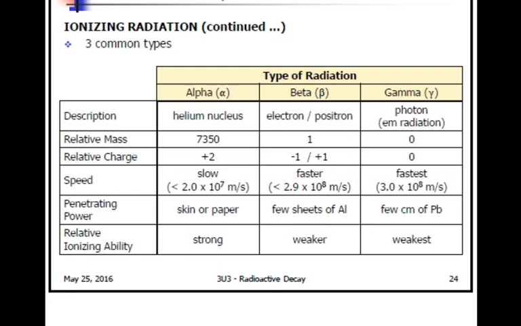The charges are listed there as +1, -1, +1, and their speeds are listed. The beta particle is almost going at the speed of light, whereas the gamma particle moves at the speed of light. And you can see here the ionizing ability. Strongest is alpha, beta is weaker, gamma is the weakest.